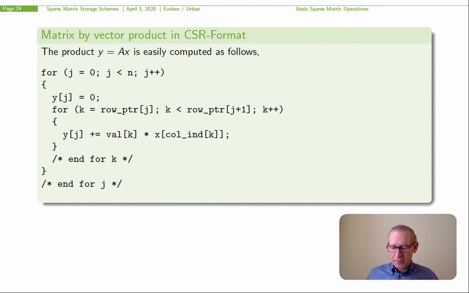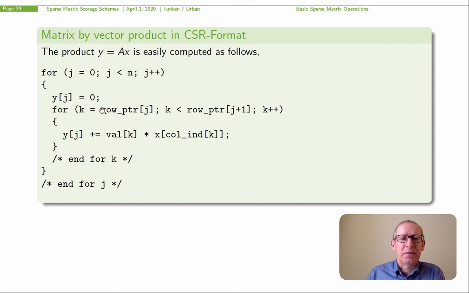Before we mention the transforming from one form to the other, here is the matrix vector product with a CSR matrix, similar to the matrix vector product with the coordinate format. Let's loop over all rows. For each row, the result for each row, x_j, is set to 0, and now the column indices are given by k.